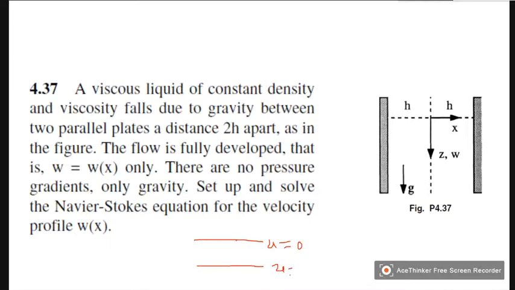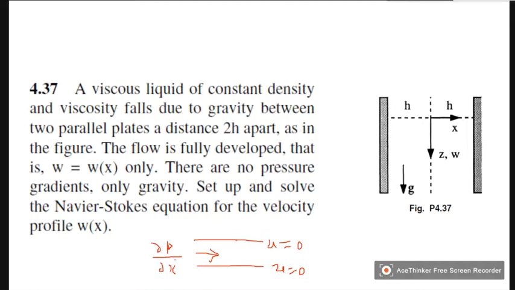That means both the plates are fixed, and the pressure flow is taking place due to some pressure gradient dou p by dou x, which of course is always negative. So this was the one.